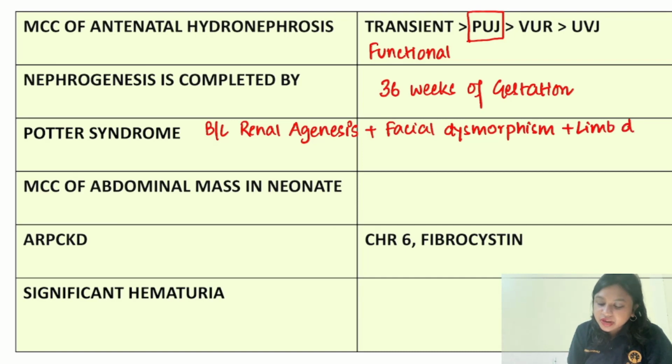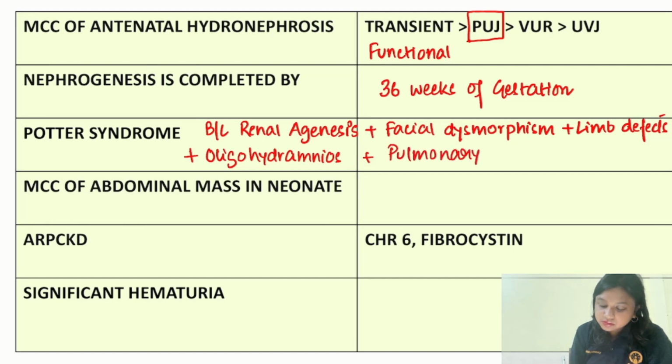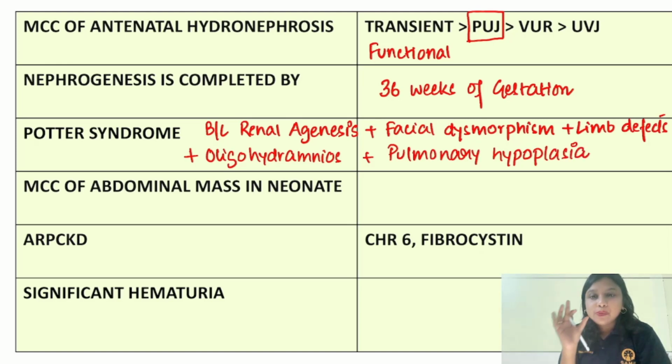Now these limb defects are more commonly in the lower limbs than in the upper limb. Along with, there is oligohydramnios, and pulmonary hypoplasia. Even this pulmonary hypoplasia is the most common cause of death in Potter syndrome.